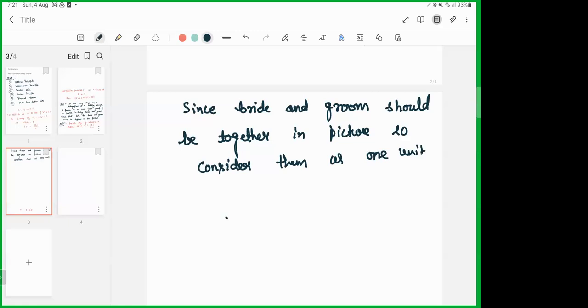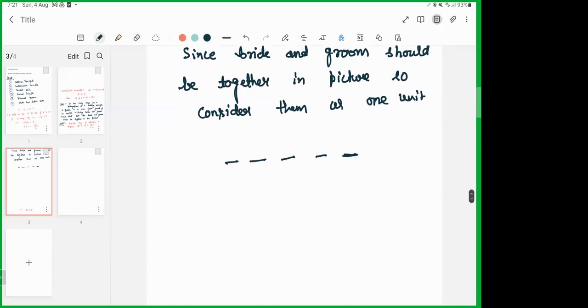So now you have these four choices and one choice of bride and groom taken as one unit. So these five slots can be arranged in 5 factorial ways.